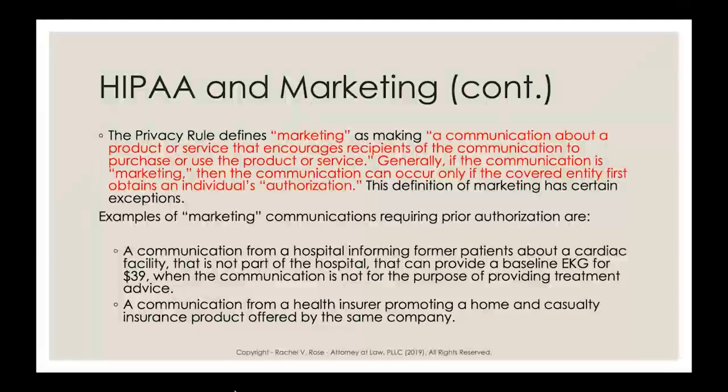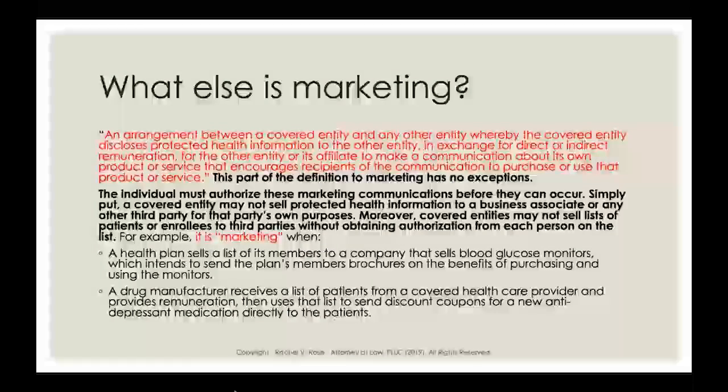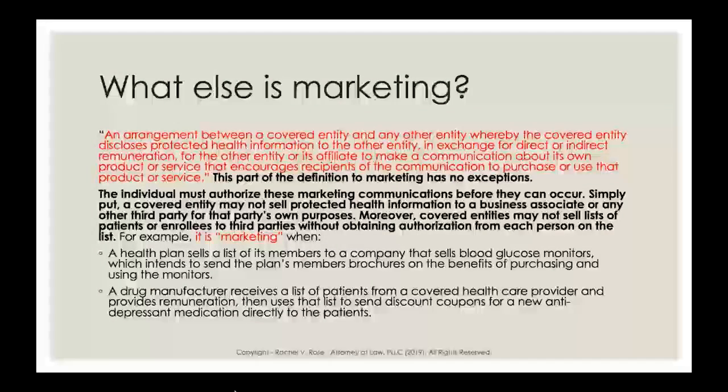But you need to outline what is permissible marketing, what is impermissible marketing, and then to take it a step further. If you are into the realm of impermissible marketing, and by that I mean you're required to get that prior authorization, or you're into the sale of PHI, that's something that needs to be on the HIPAA authorization form, and patients need to be given the option to opt out of having their information used in that manner.